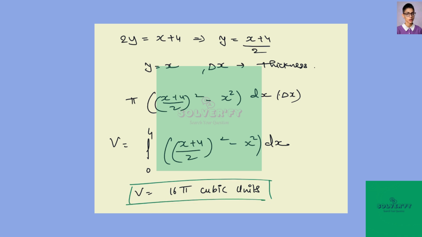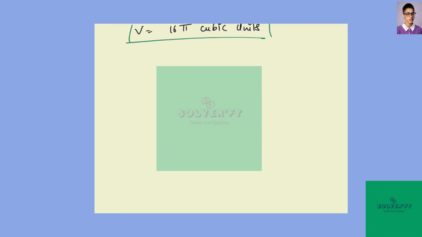Now similarly we need to calculate for the second one. For the second case, let there be a thin region of thickness delta y, with y equals 0 to y equals 2, and radius x equal to y.